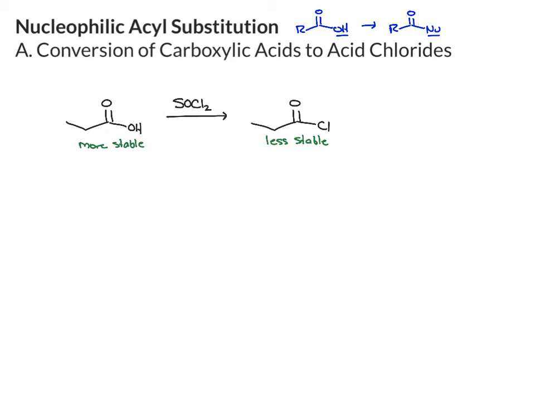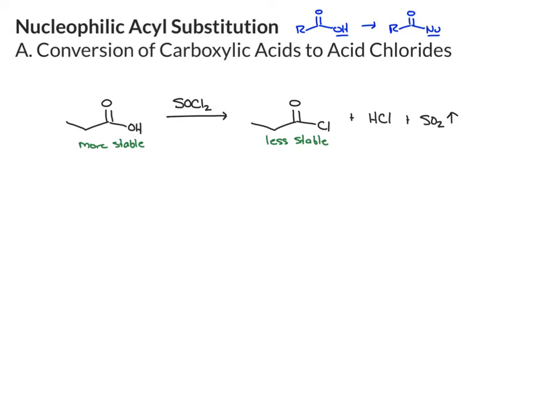What actually has to do with the byproduct. So we end up forming hydrochloric acid and sulfur dioxide gas, and that's our driving force. The sulfur dioxide leaves the reaction flask and makes the reaction irreversible.